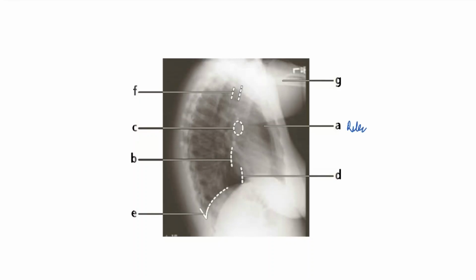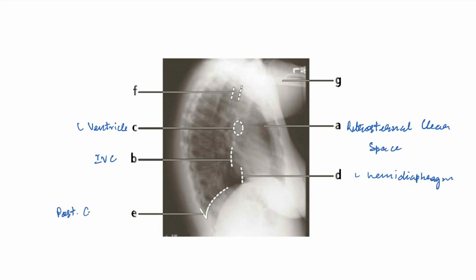A is retrosternal clear space, B is inferior vena cava, C is left ventricle, D is left hemidiaphragm, E is posterior costophrenic angle, F is trachea, G is right pulmonary artery.